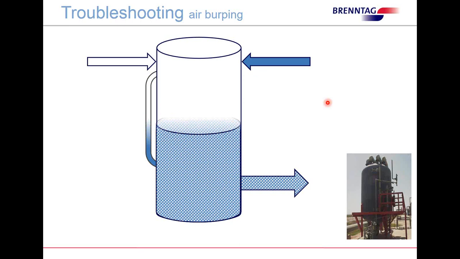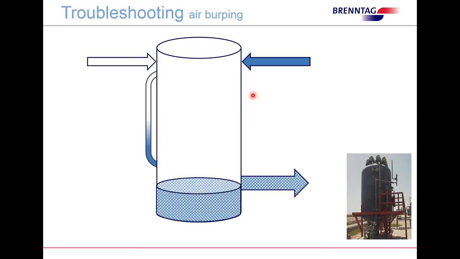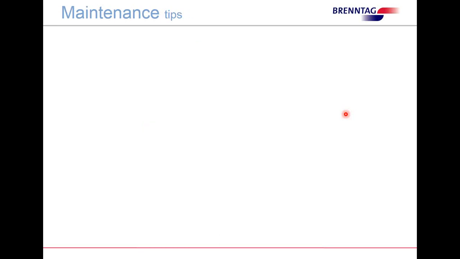But if you run the level in the pressurization tank too low, you can start sucking non-dissolved air, which can cause burping into your DAF unit. So when you're working on a DAF and you're seeing air burping, it's either from the plugging of a header or from the pressurization tank running too low and sucking air straight through. So these are just some maintenance tips.